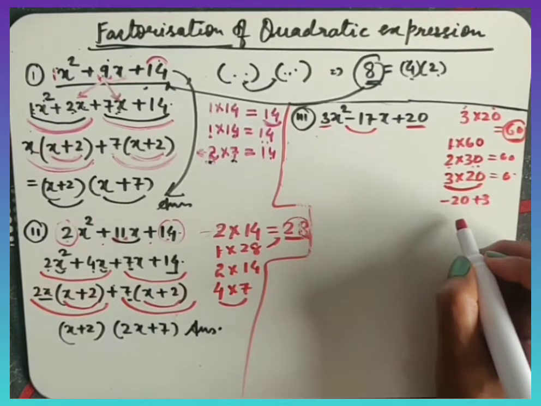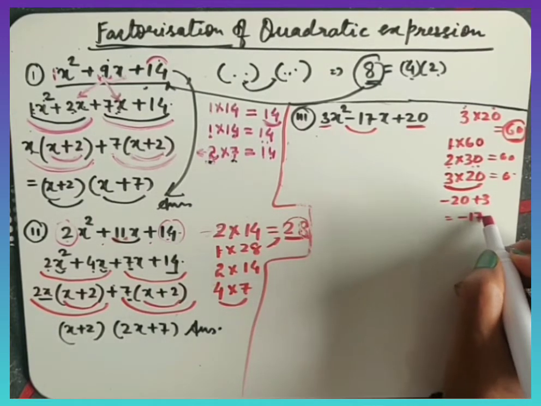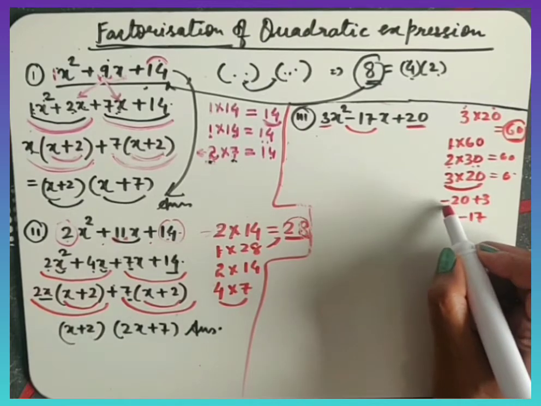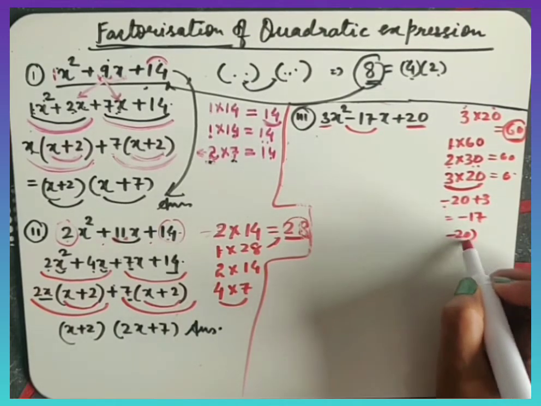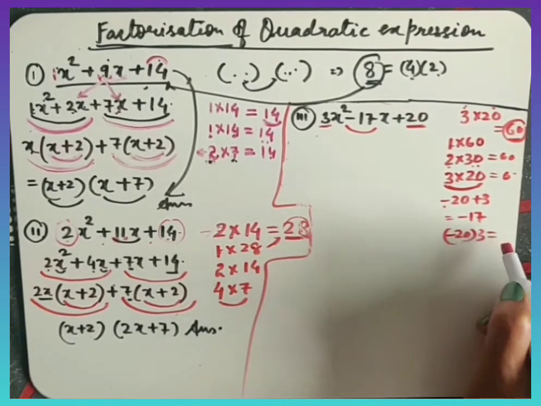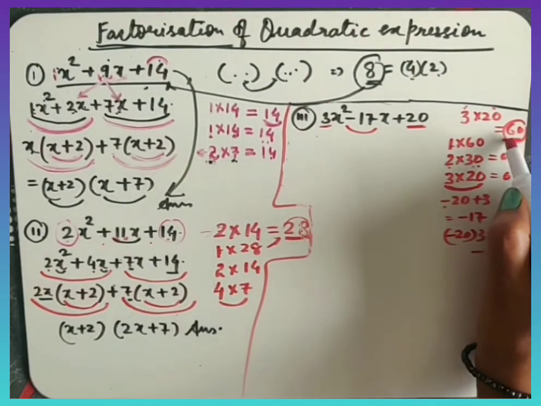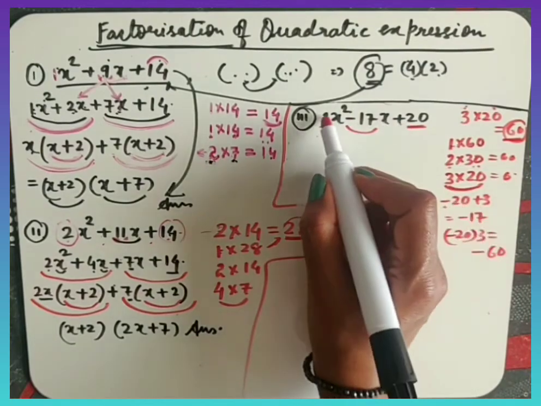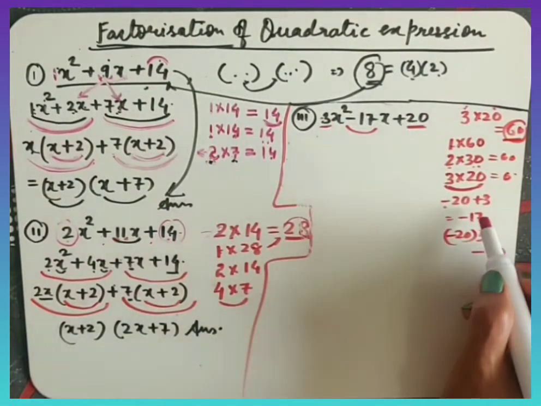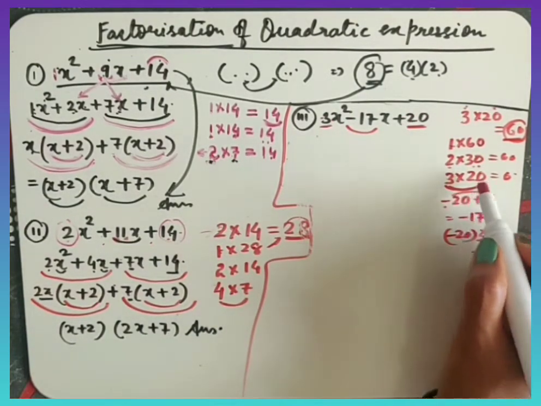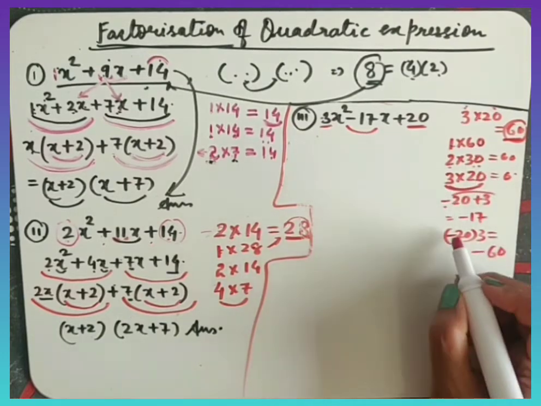If I do this, it will give us minus 17. But if we multiply minus 20 and 3, it will give you minus 60. But I want plus 60, because these two terms are in plus, here no minus. So we can't take this 3 and 20. Keep going.